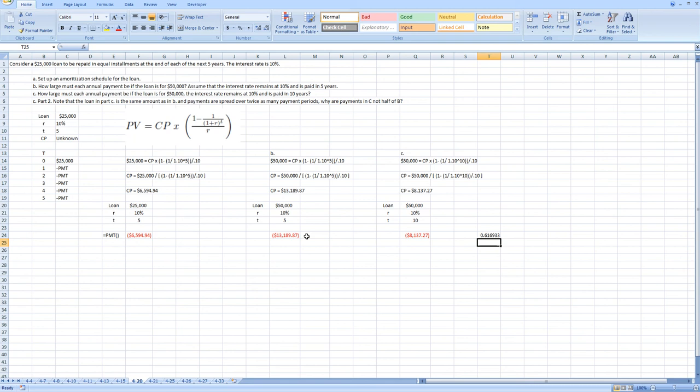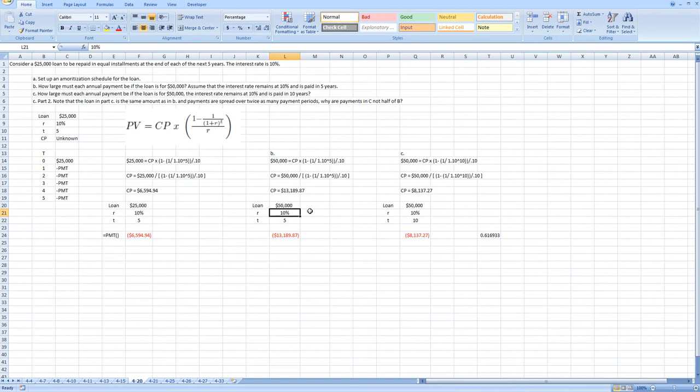The reason is, remember, the payment is doing two things. It's accounting for the interest component, or returning the rate of return of 10%, plus the principal amount. And for that reason, it's not going to be half as much.